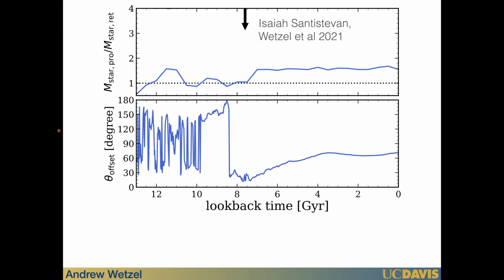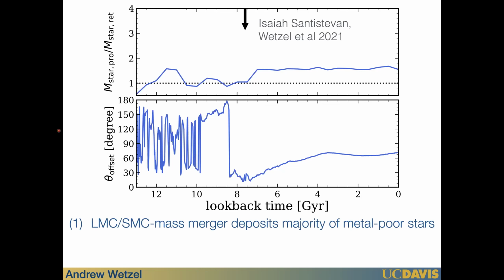So what we find in most of our simulations is the following scenario, that a major merger, typically a mass of the LMC or the SMC, deposits the majority of the metal poor stars. So of course, most of the stars in such a galaxy aren't ultra metal poor. There may be -1, but not -3 or -4.